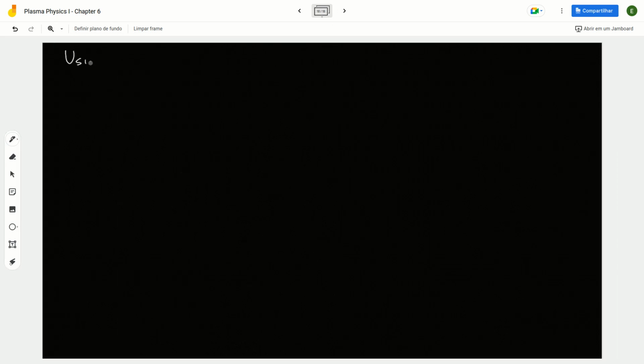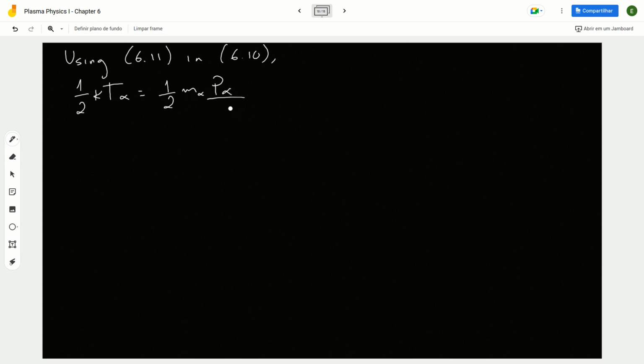Using 6.11 and 6.10, we get 1/2 k T alpha equals 1/2 m alpha P alpha over rho m alpha, which is equal to 1 over 2 m alpha C alpha.